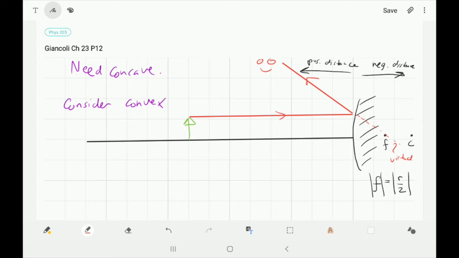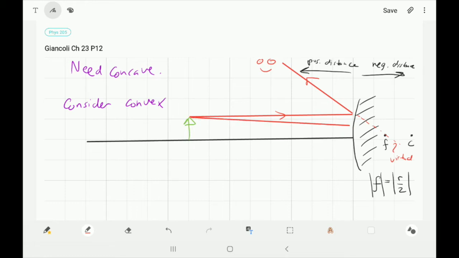You can play the same game with other rays. This thing should work going backward, so any ray heading toward the focus should end up bending perfectly parallel to that optical axis. So that's the other one I can draw. The other ray I can draw from here, headed straight toward the focal point.